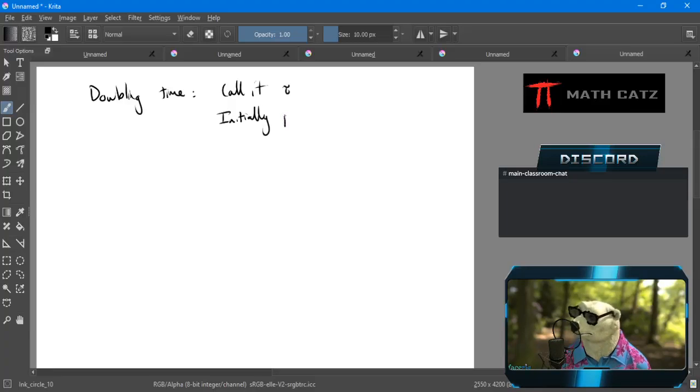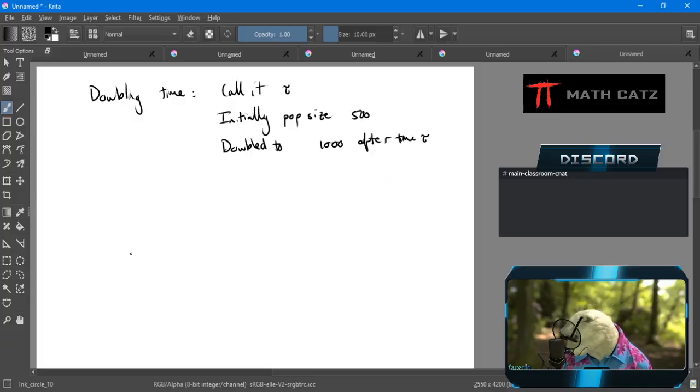So initially, we have the population size is, let's say here, 500. Then it doubled to 1,000 after time tau.